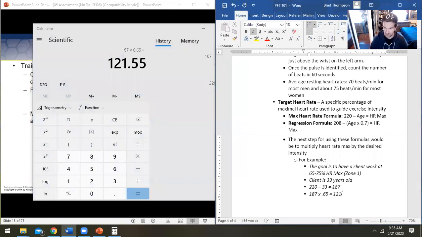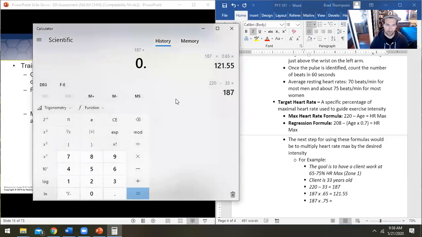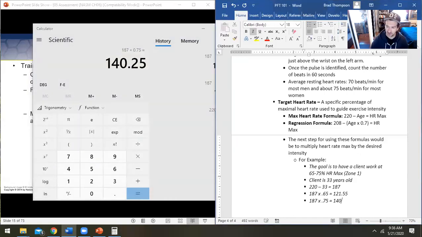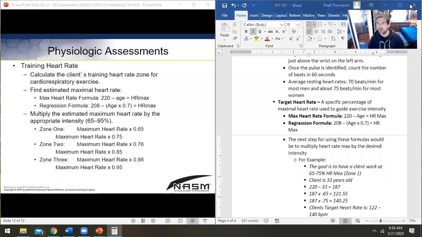And then we'll take 187 times 0.75, which is 140.25. So the client's target heart rate is 122 to 140 beats per minute. Does that make sense to everybody? That's how we calculate target heart rate. Pretty clear?